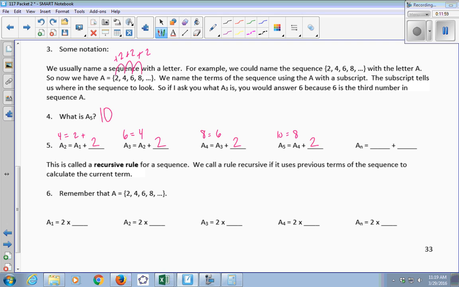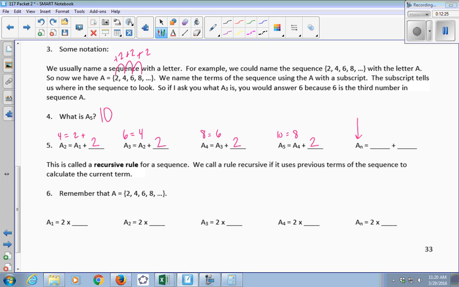So the notation I use for that is I say, okay, well, the nth number in the list, like if I wanted to describe a generic term, I would call it A sub n, right? So any number in the list, random number n, is always the number before it. So how would I write a subscript that means the one before n?